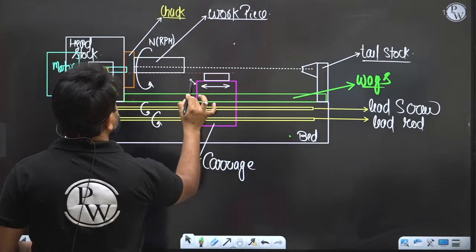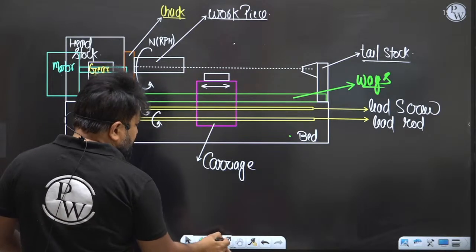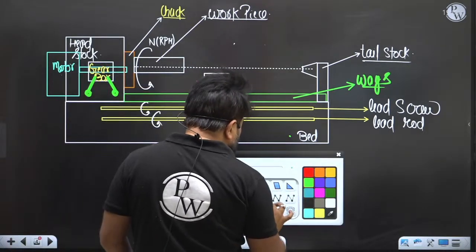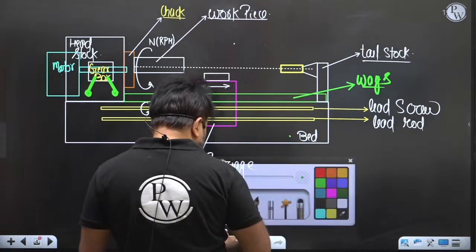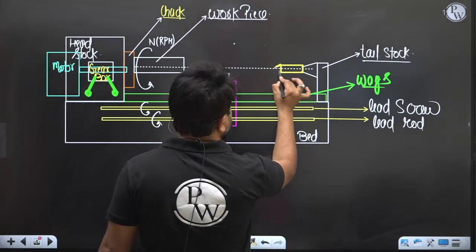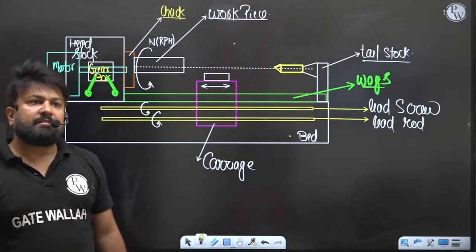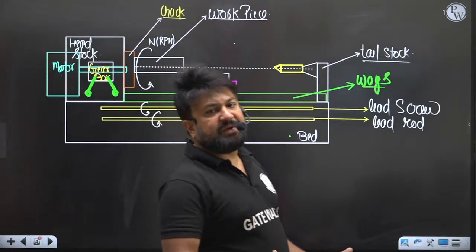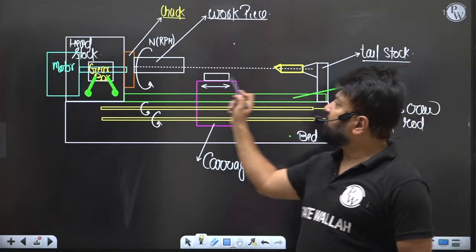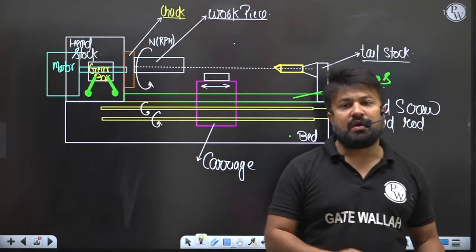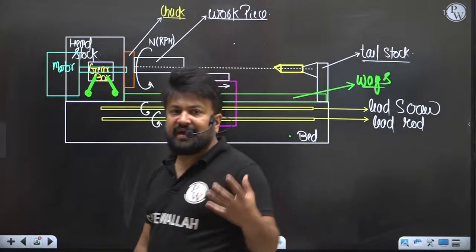And if the workpiece is not lengthy, then you can hold the tool here. Maybe you want to do a drilling operation. So you can hold a tool here and you can make a hole in the given workpiece, right?